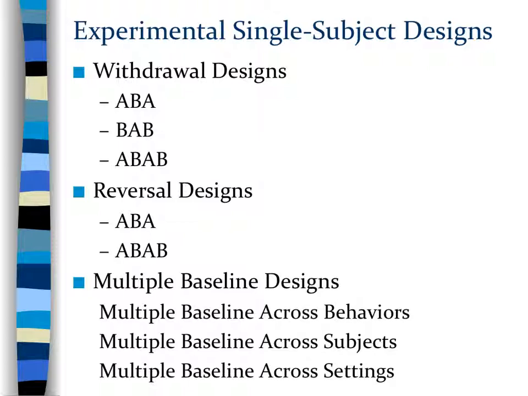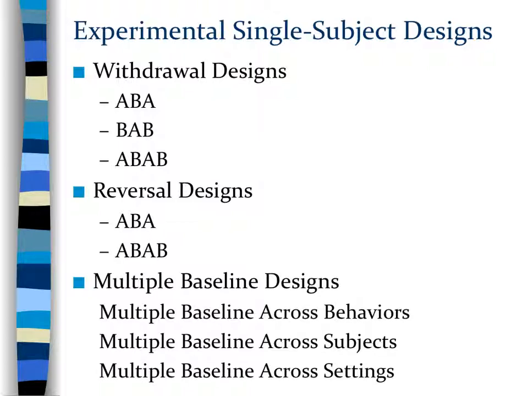In the ABA withdrawal family of single subject design strategies, A refers to the non-treatment or control phase of the experiment, while B refers to the treatment phase of the experiment. The simplest variant of the ABA withdrawal design is the AB design.